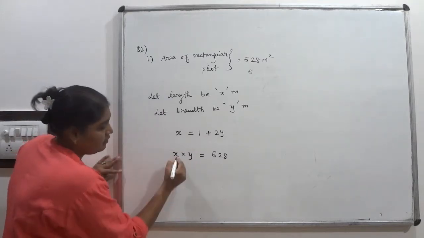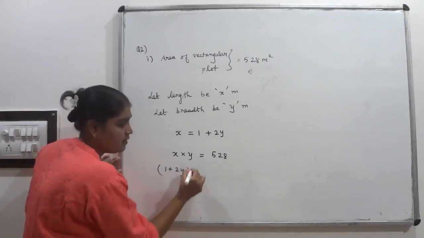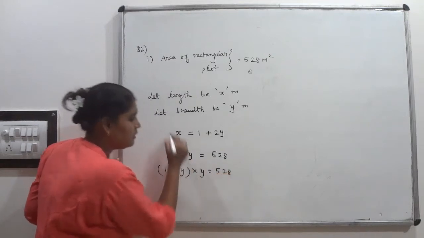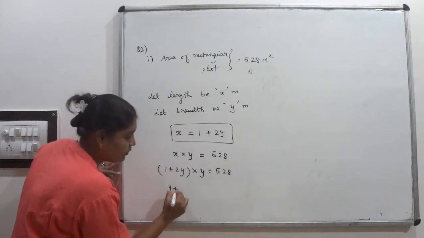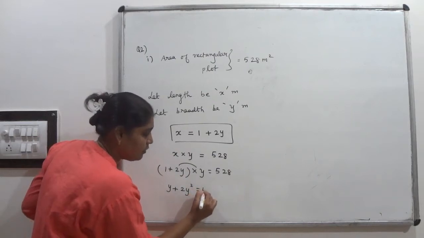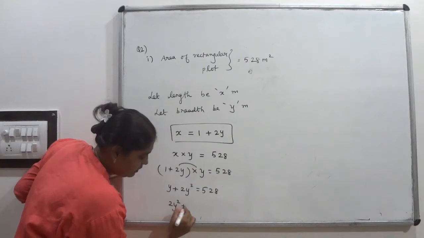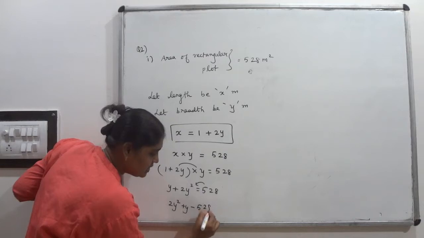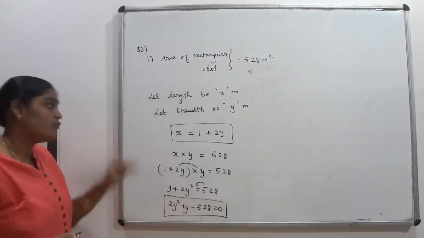In place of x I can write 1 plus 2y, into y, which is equal to 528. 1 into y is y, 2y into y is 2y square, which is equal to 528. So 2y square plus y, and 528 comes this side, minus 528, is equal to 0. I have formed the quadratic equation from the question.